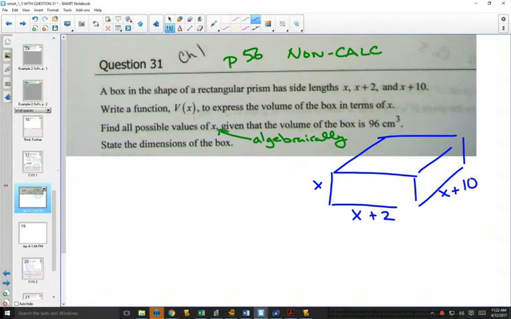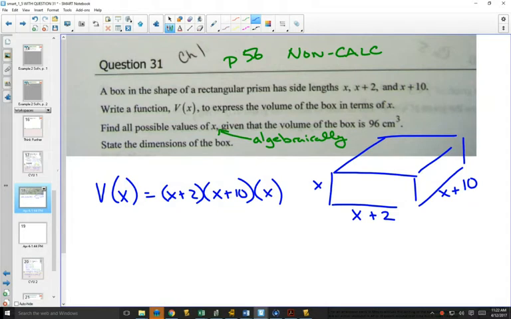So there's a picture of a rectangular prism with those lengths. Write a function of the volume in terms of x. So volume is length times width times height. That was worth 1 mark.